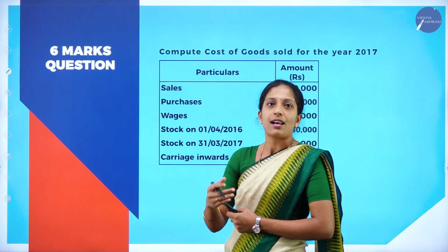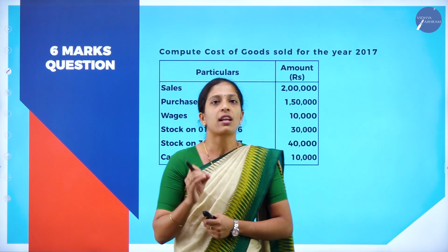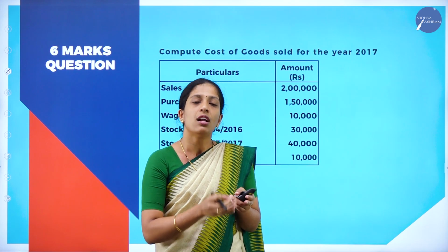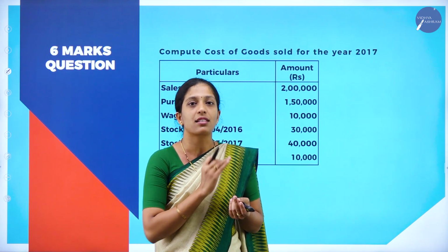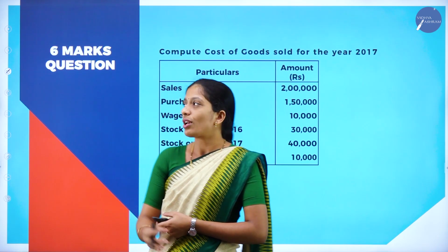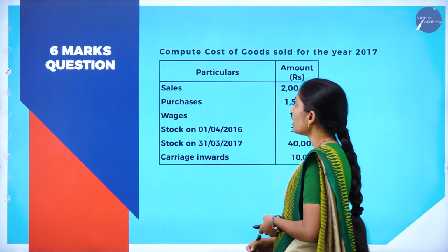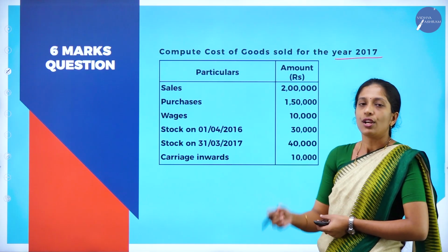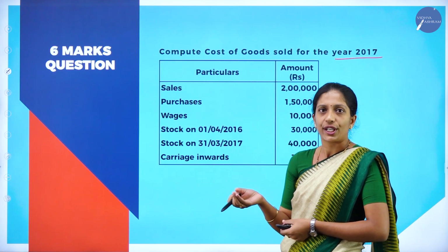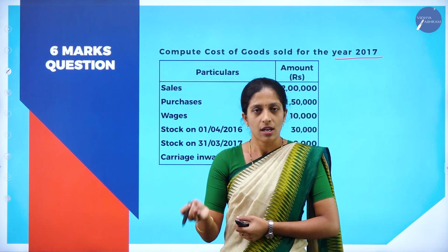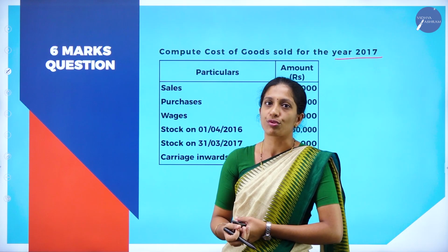In the previous class itself, I told you a very important question for 6 marks. Either they will ask you the trading account, or most of the time they have asked the calculation of cost of goods sold for 6 marks. Let us see the problem: compute cost of goods sold for the year 2017. If you know how to prepare your trading account, then it is very easy to find the cost of goods sold.